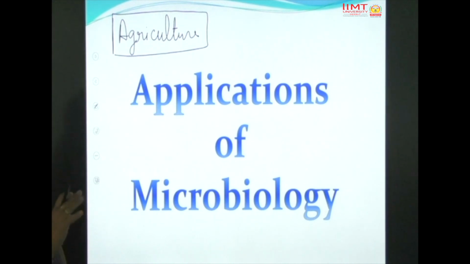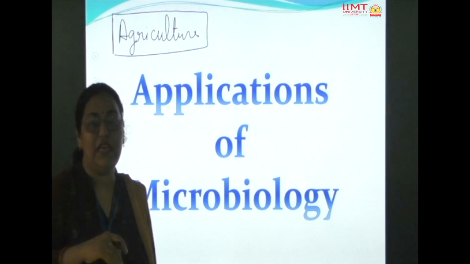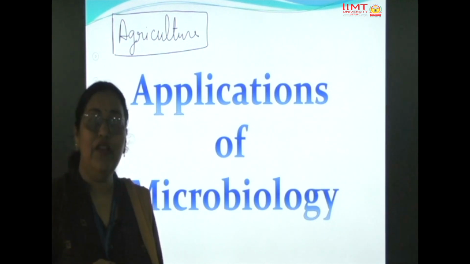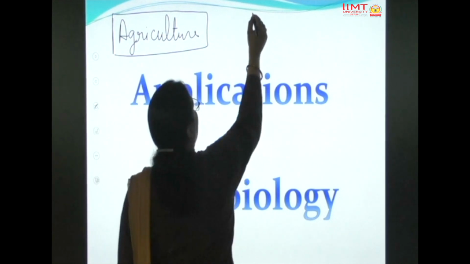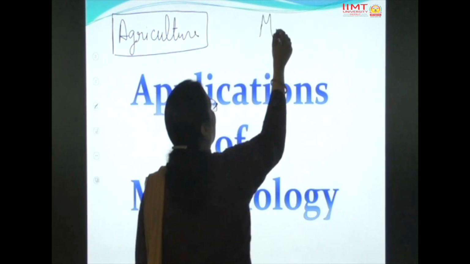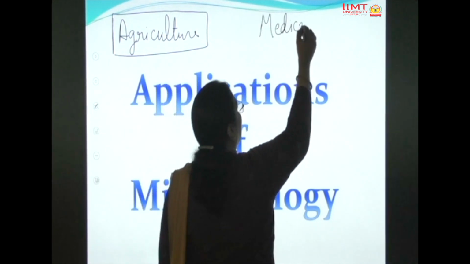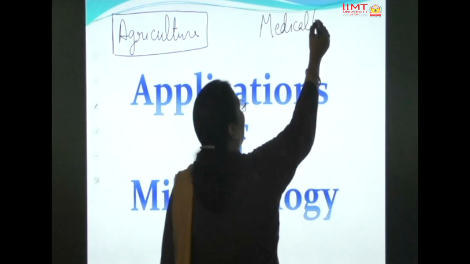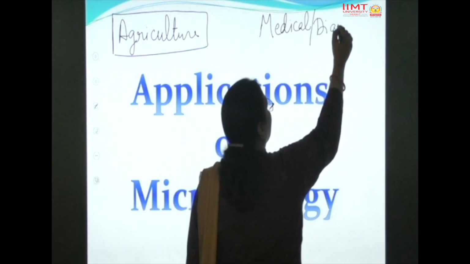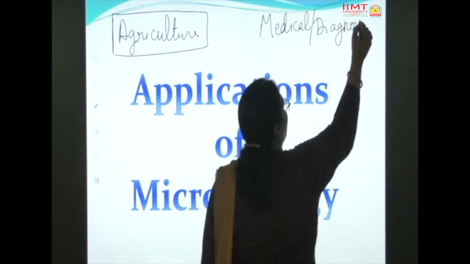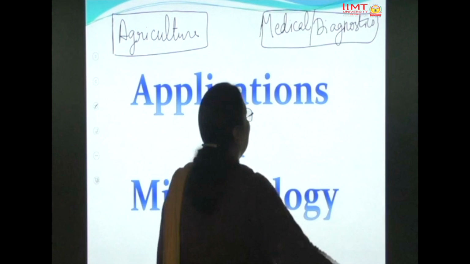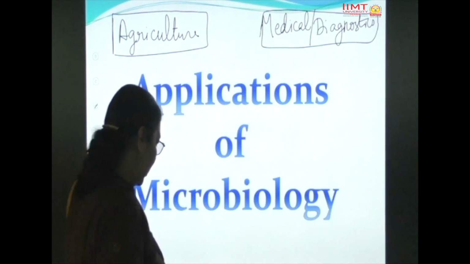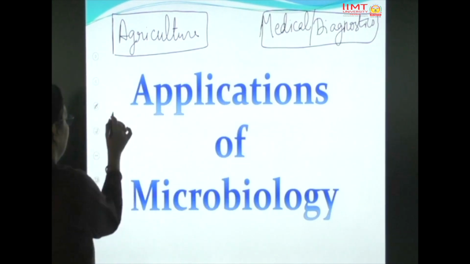First of all, we will see what the different areas, the different branches, are wherein microorganisms are useful for us. The second is medical and diagnostics. So microbes find application in agriculture, in medical and diagnostics, even in food and dairy.